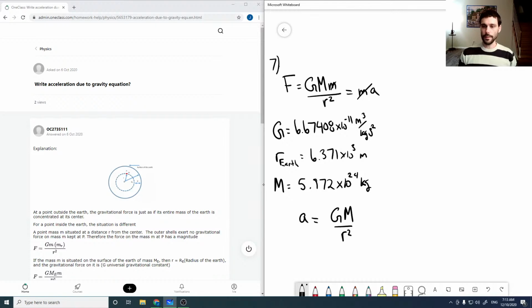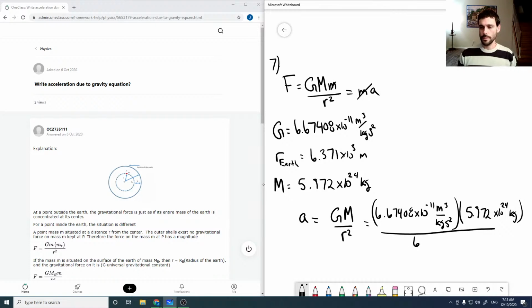And now we can plug in these terms: 6.67408 times 10 to the minus 11 per kilogram second squared, our big M is 5.972 times 10 to the 24, and our radius is 6.371 times 10 to the 6 meters, and that's squared.